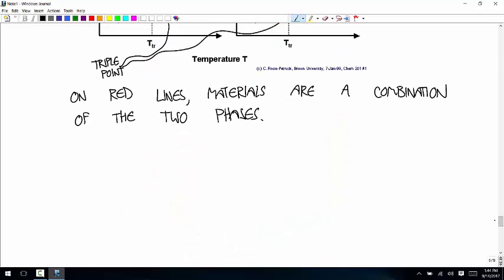Then the next one is the pressure specific volume diagram.